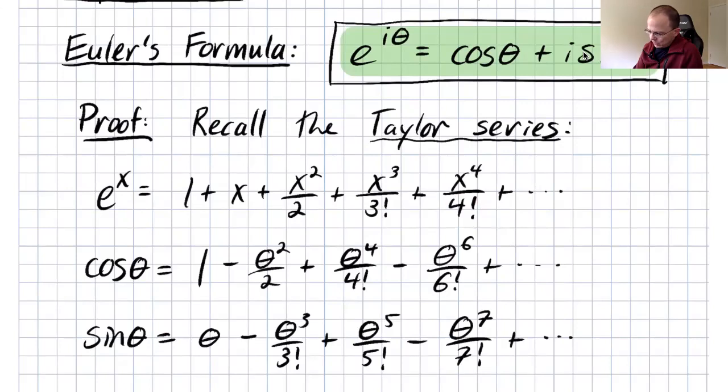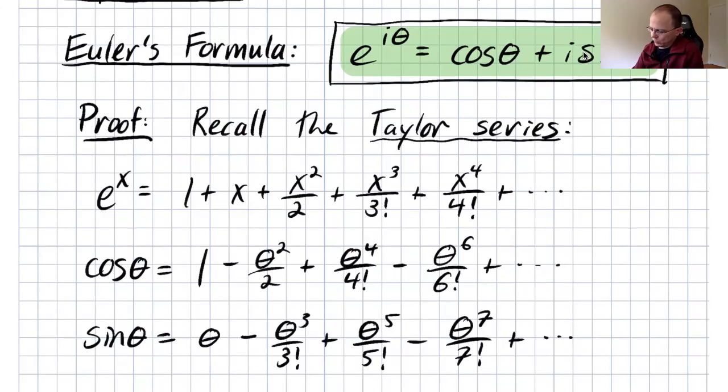If you look at the Taylor series for cosine, it goes as follows. It goes 1 minus theta squared over 2 plus theta to the 4th over 4 factorial. So notice we're skipping some of these, because when you take the derivative of cosine once, you get sine, and if you substitute 0 into that, you get 0.